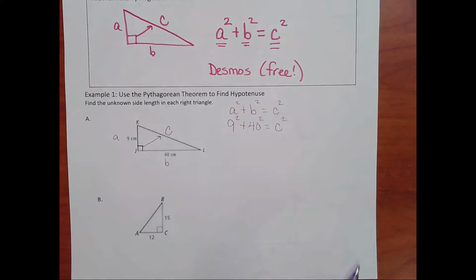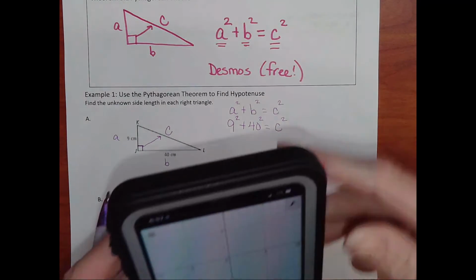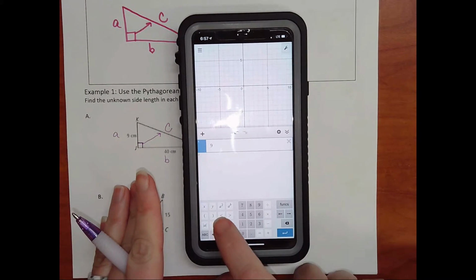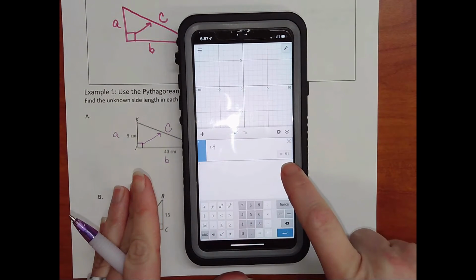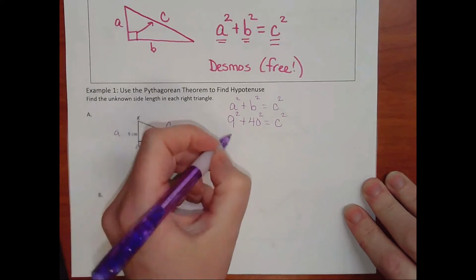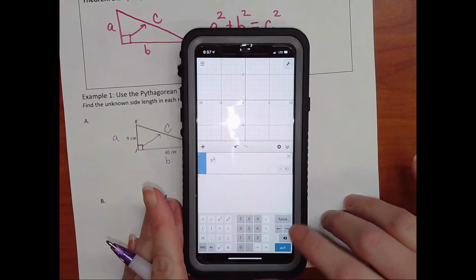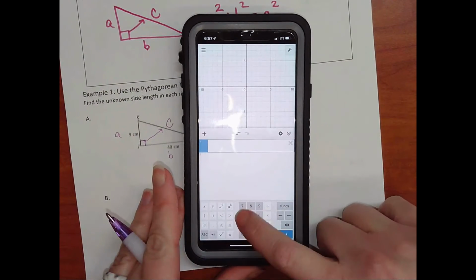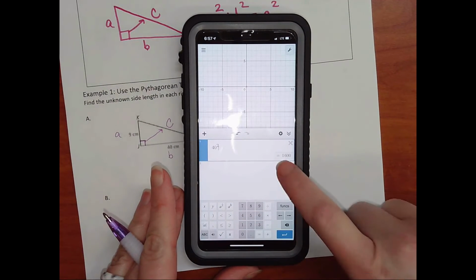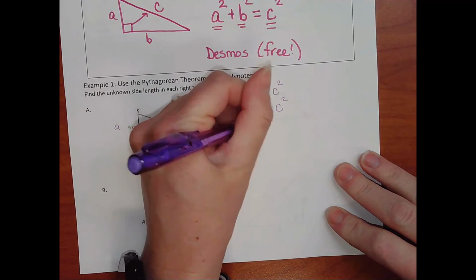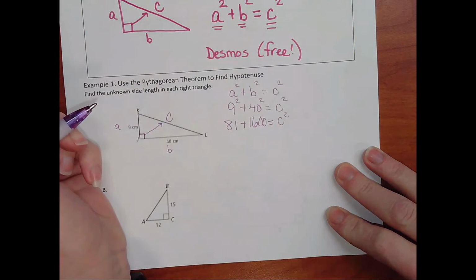9 squared is 81. 40 squared is 1,600. That equals C squared.